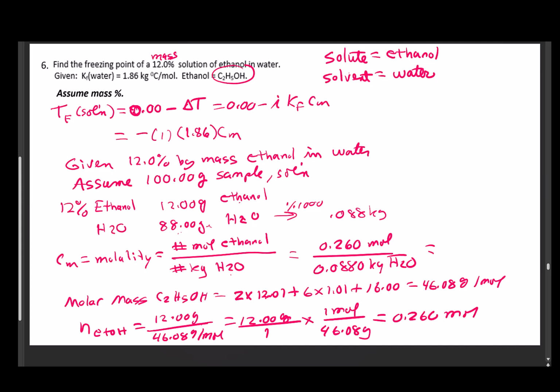Okay. 0.26 divided by 0.088 is 2.96 moles per kilogram. We can plug that up here.